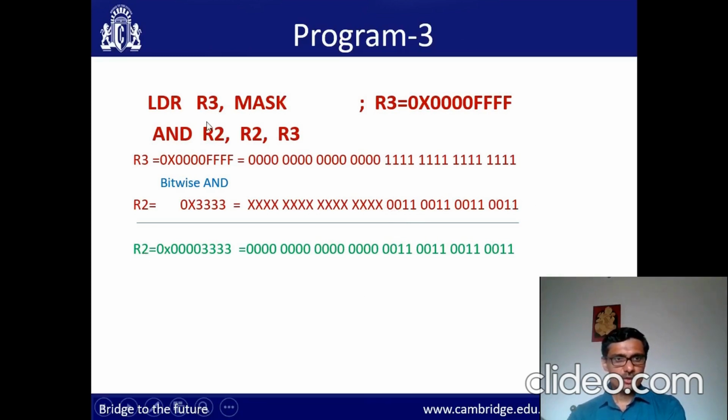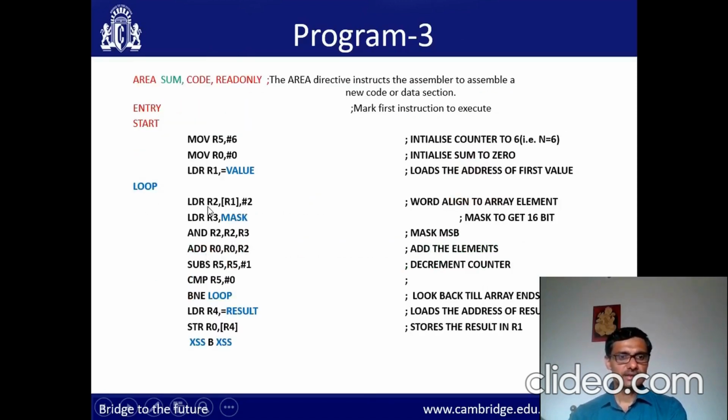That will be stored again in R2. After performing the operation, the result is stored in R2. What we have done at the end is cleared the higher 16 bits in R2, and the lower 16 bits, which is nothing but our 16-bit number, are retained as they are. So this is the use of these two instructions. In R2 we have the 16-bit number with the higher 16 bits masked.